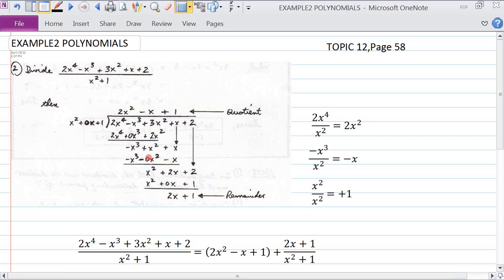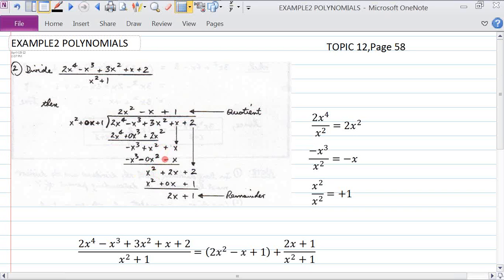If you want to just leave this, just put a 0 there, that's fine. And minus x times plus 1 gives me minus x. So now I'm going to subtract this: minus x cubed minus minus x cubed gives me 0. X squared minus 0 still gives me x squared.